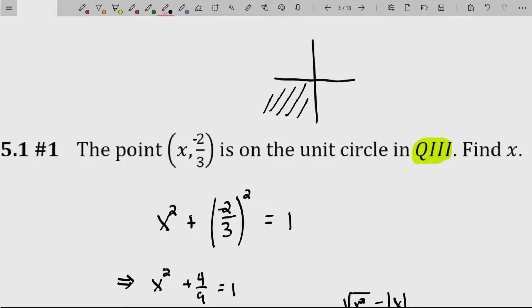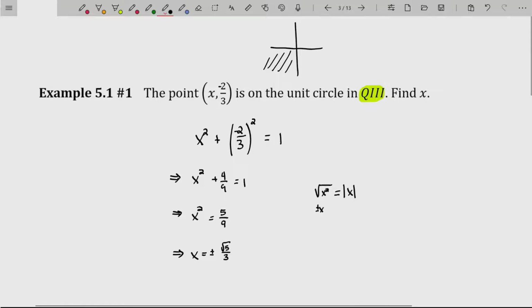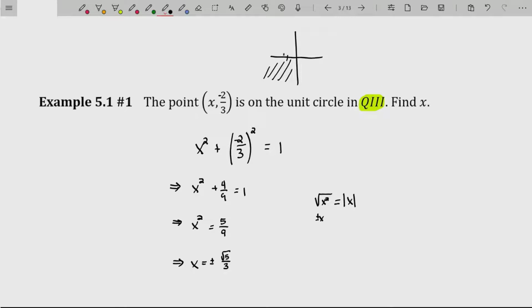I will actually fix my lecture notes accordingly right now, but I mainly just wrote this down very quickly just to get it going. So that point should have been a negative 2/3 because the y value in quadrant 3 is also negative. I apologize. It doesn't really change anything else though, because when you square a negative 2/3, it becomes 4/9. So we're still okay. But note the x values here in quadrant 3 are negative as well.